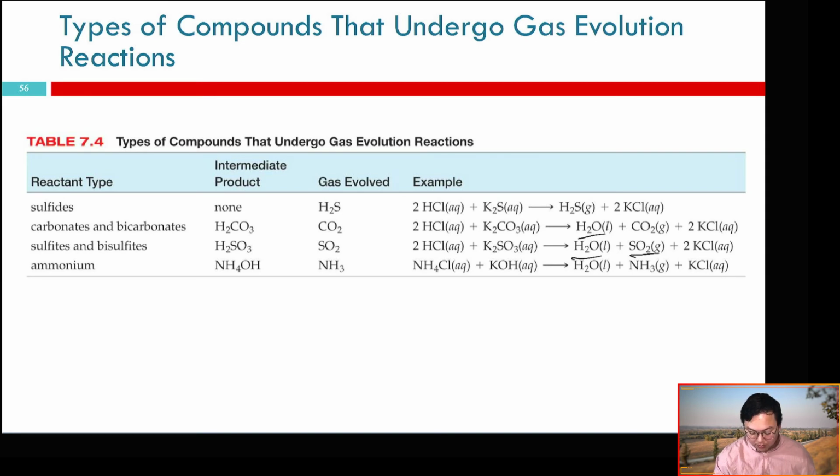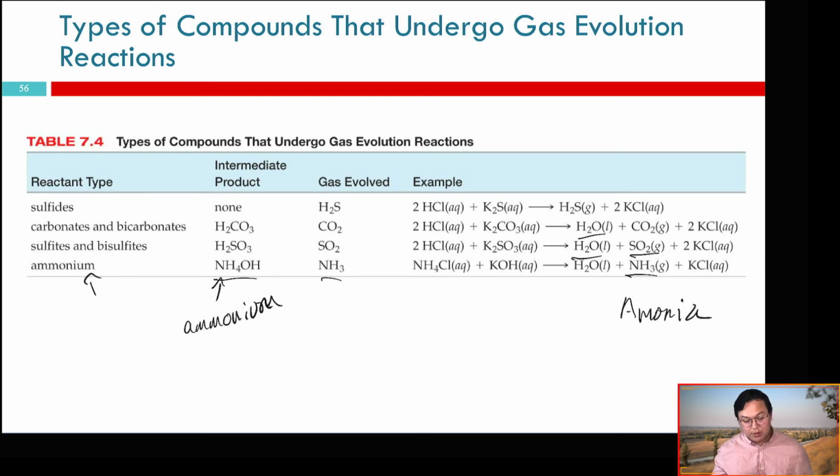And then ammonium. So this ammonium hydroxide will form ammonia gas. Right, so ammonia is the gas. That's this NH3. The one with a charge is ammonium. Right? Also written over here.